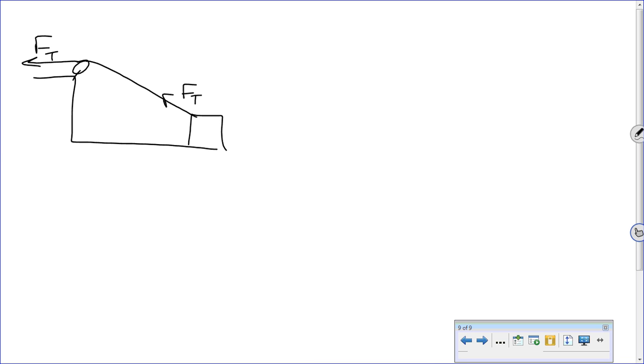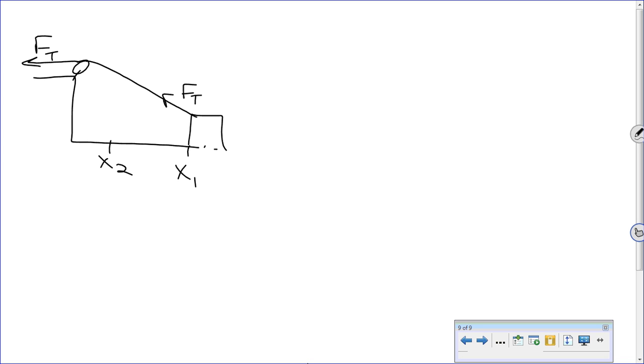The problem is, as your box moves from position X1 to position X2, I really need to get in the habit of not being sloppy about where I put my X's. As the box moves from X1 to X2, that angle is going to get steeper, isn't it?